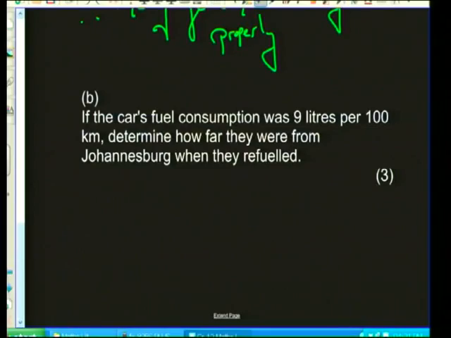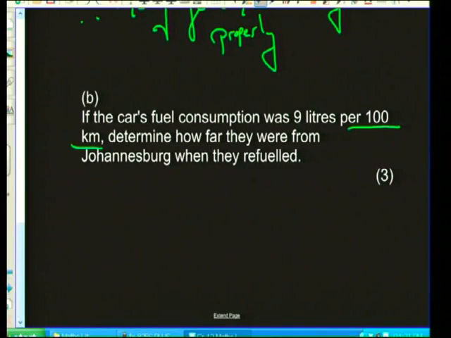What we're going to do is say this. Right, so I know that for every 100 kilometers I travel, I'm using 9 litres of petrol. There it is. Every 100 kilometers, I'm using 9 litres of petrol. How many litres do I need to use to complete the whole journey? Well, let's have a look at it.